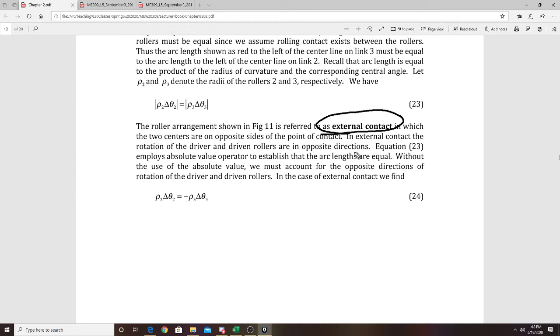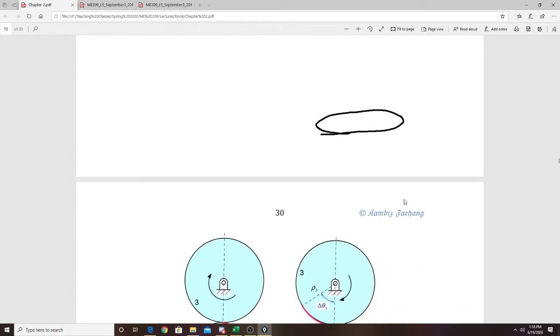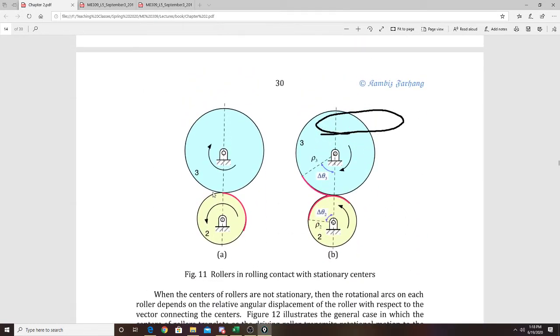What external contact means is that the rollers are touching each other, but one is not inside of the other one. They are externally contacting.